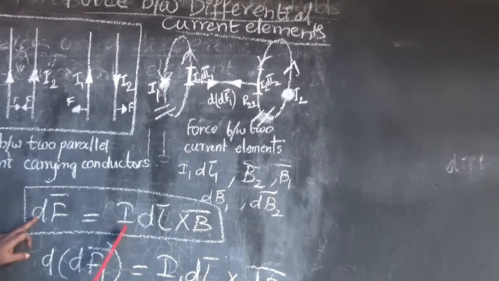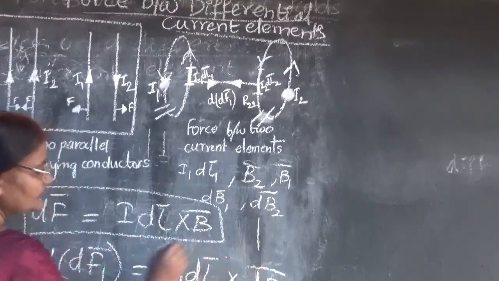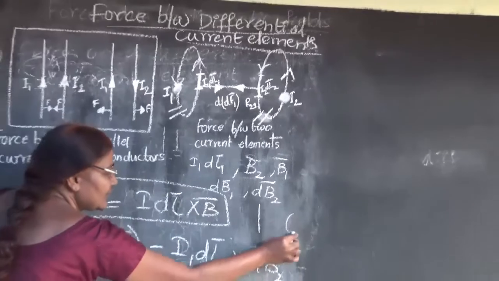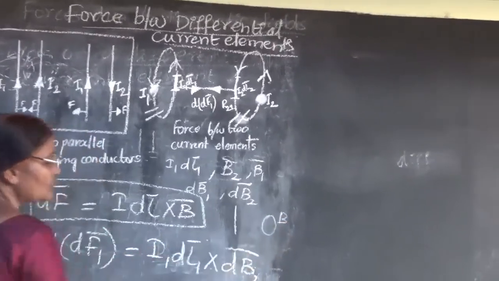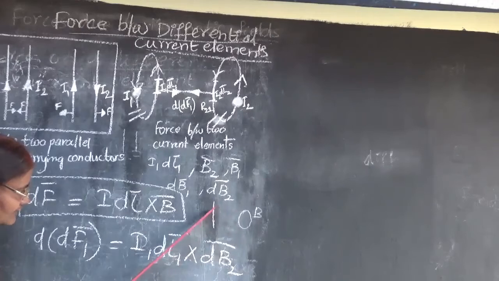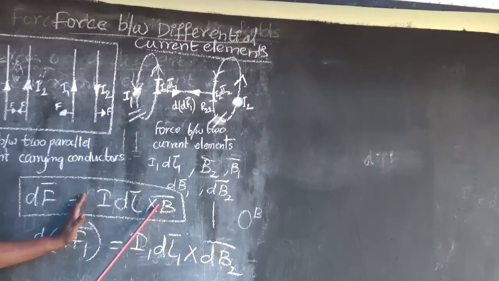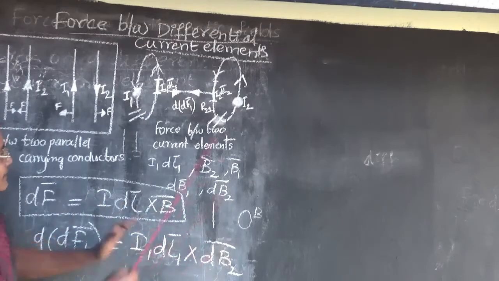Carefully observe this. This is nothing but the formula. There is a current carrying conductor and there is an external field B. So the force exerted on this current element by the external field is given by this formula. Now what is my external field? B2 bar.